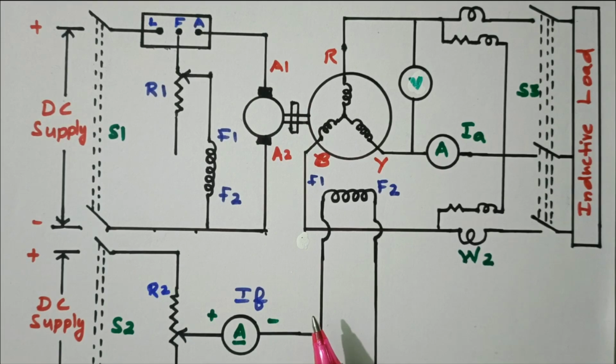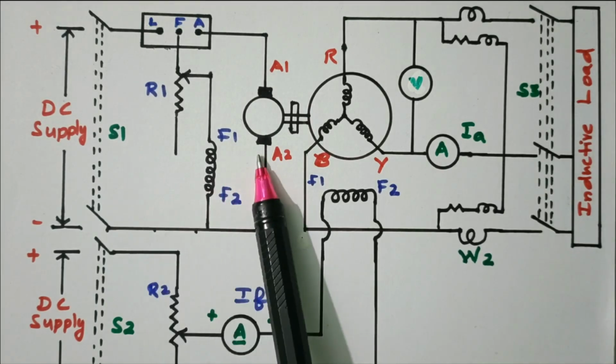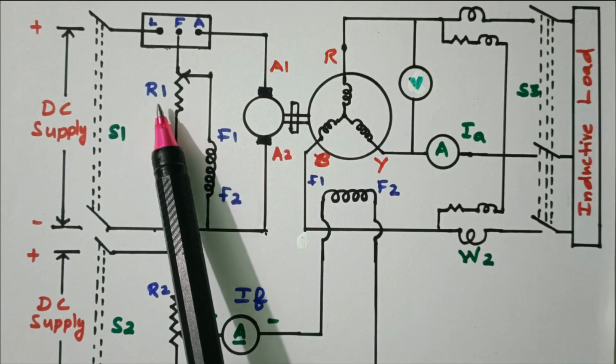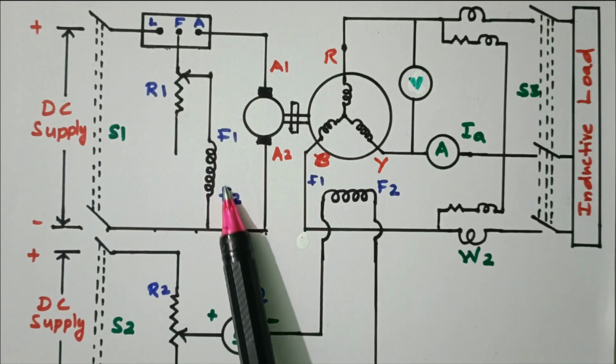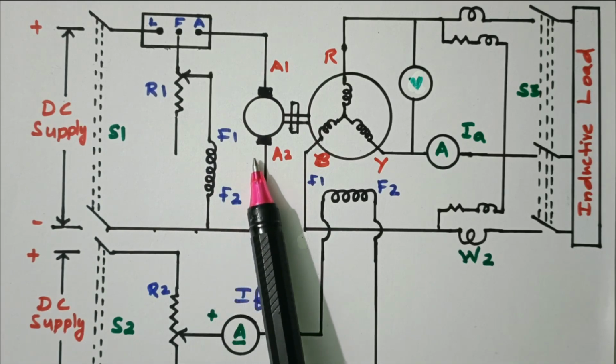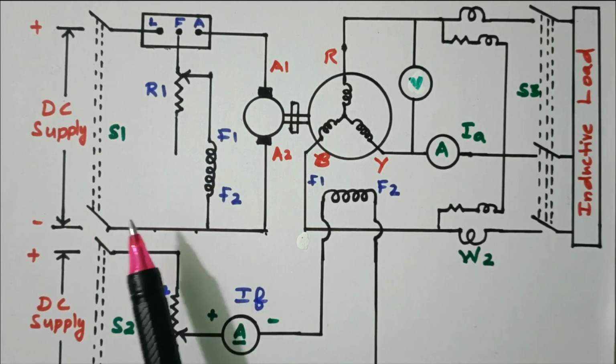First, the switch S1 is closed, that is, the DC motor switch is closed. By varying this resistor R1, the current flowing through the field winding is varied, and we have to run the motor at the rated speed. Switch S1 is closed, DC supply is given.